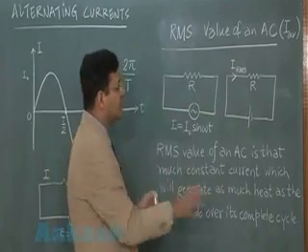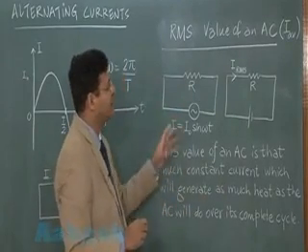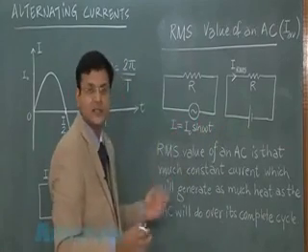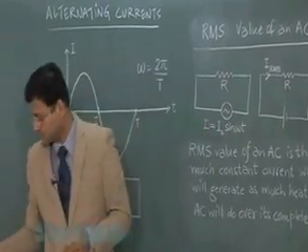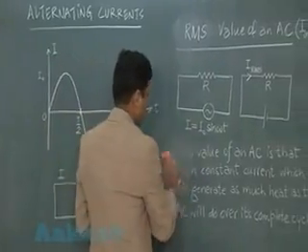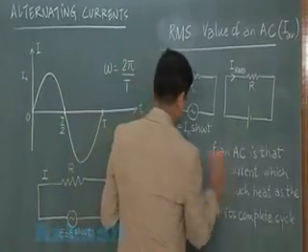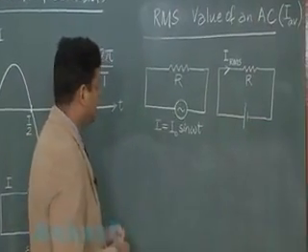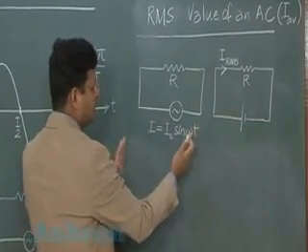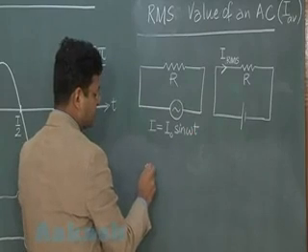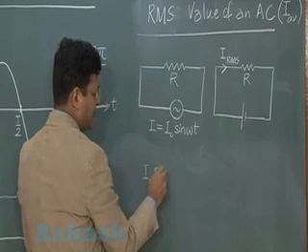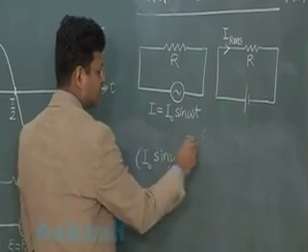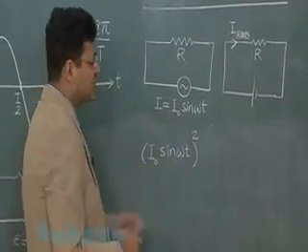Now based on this definition you can obtain the expression of RMS value of this AC. Let us do that. If you go by the definition of this, then you should remember that the heat generated by this is square of this current, I squared.